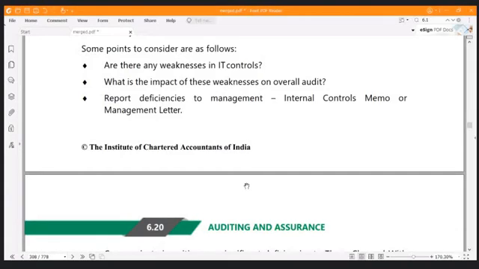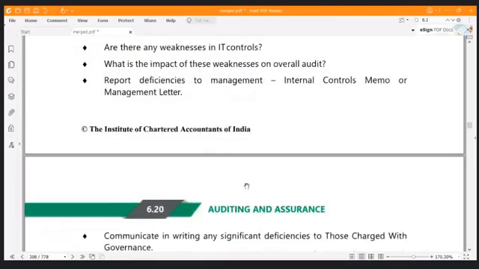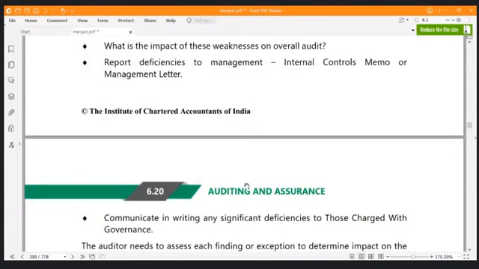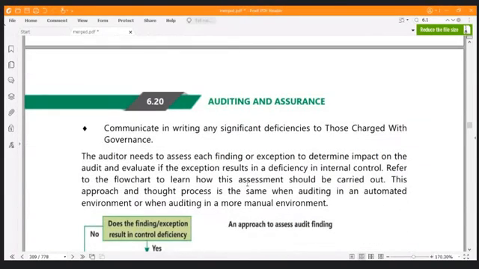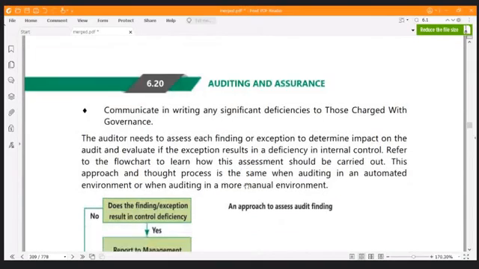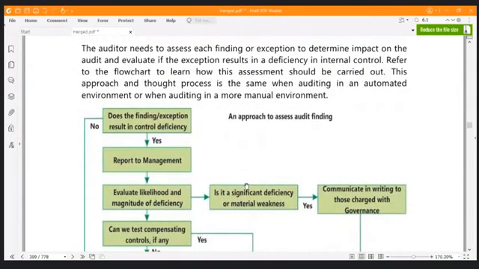So all these IT controls, you need to check whether there are any weaknesses in them, and because of those weaknesses, what is the impact on the overall audit or performance of the organization? Just report those deficiencies to the management or to those charged with governance.